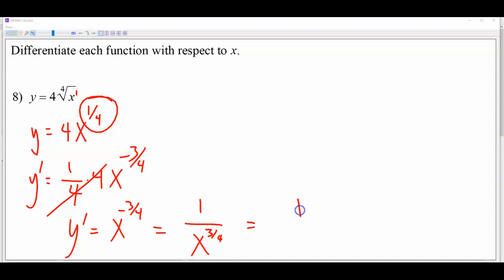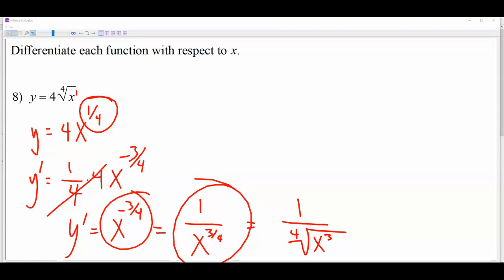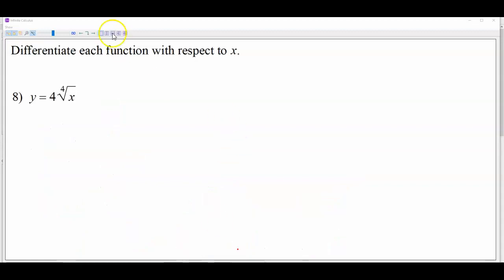Or if you don't even want to have exponents anymore, you can actually rewrite it as a radical instead. Once again, I think that this and this are your most likely answers to C, but this is a possibility as well. All right, let's go ahead and take a look at number 9.